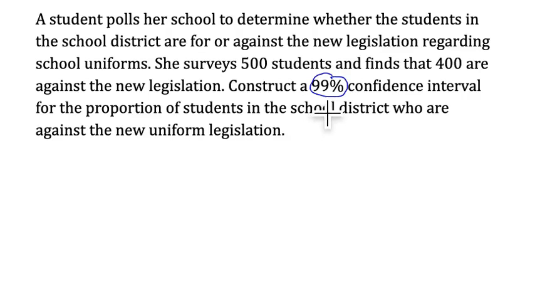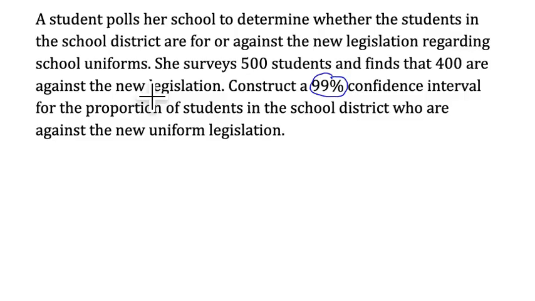Remember, the last one was 95%, which is pretty certain, but 99% is even more certain. So this interval will estimate the proportion of all students in the district who are against the new school uniform legislation. All right, so we have 500 students in our sample, and 400 are against the new legislation.